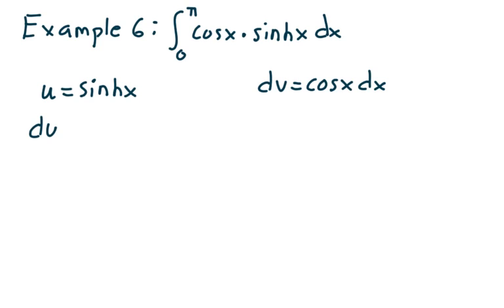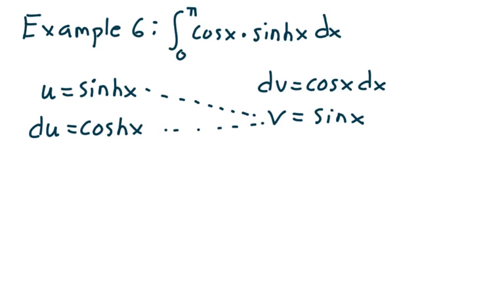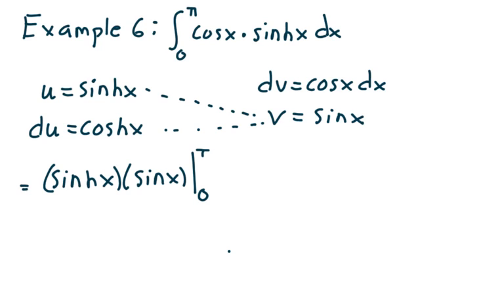So du is hyperbolic cosine x, and v is equal to sine of x. And so I'm going to go uv minus the integral of v du. And so this is equal to hyperbolic sine of x times sine of x, but I'm going to evaluate from 0 to pi.